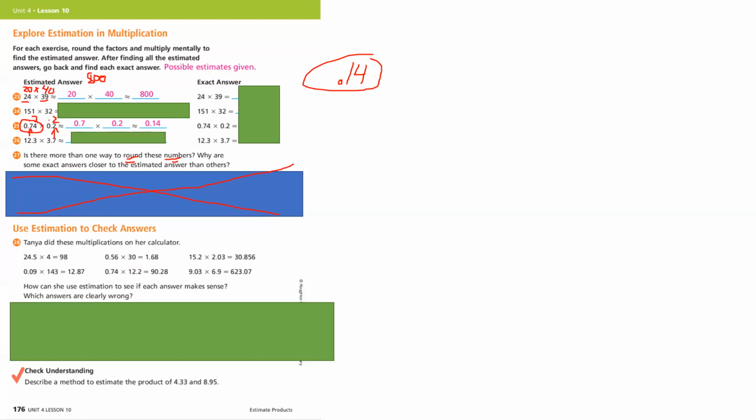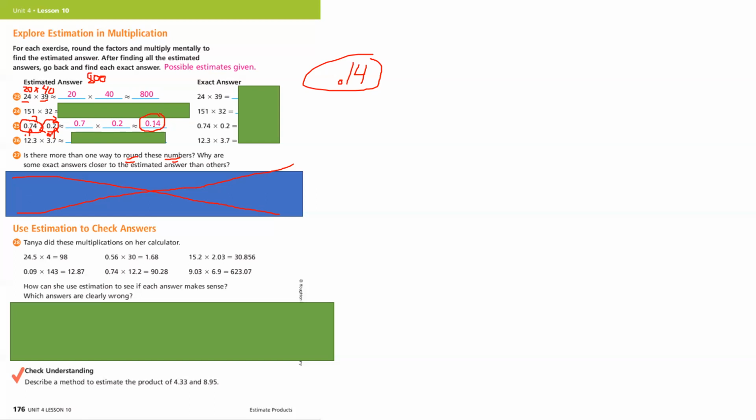And why are some closer to the real answer? Well, it depends what you are using to estimate. If you estimate both of these to the nearest tenths, then you're going to get one answer, right? This is an example of rounding each to the nearest tenths. If you round each to the nearest whole number, this would be 1, and this would be 0, and 1 times 0 is 0.